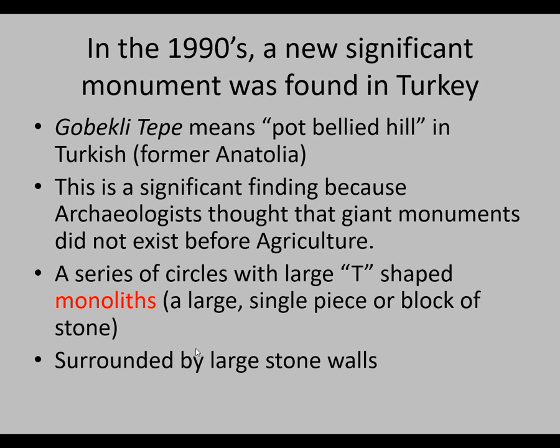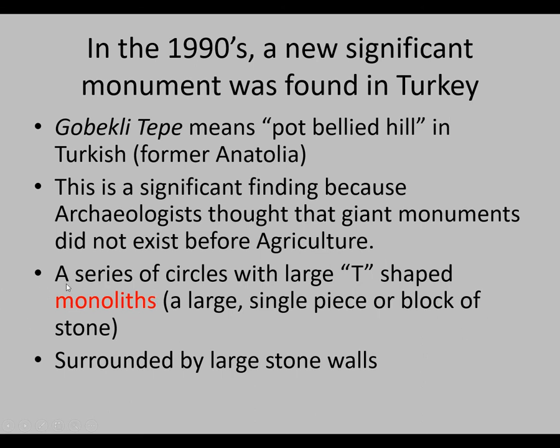In the 1990s, again, very recent in art history, in Turkey, Göbekli Tepe, it's fun to say, was discovered, and that literally means pot-bellied hill in Turkish. It is a monument that has a series of large T-shaped monoliths.